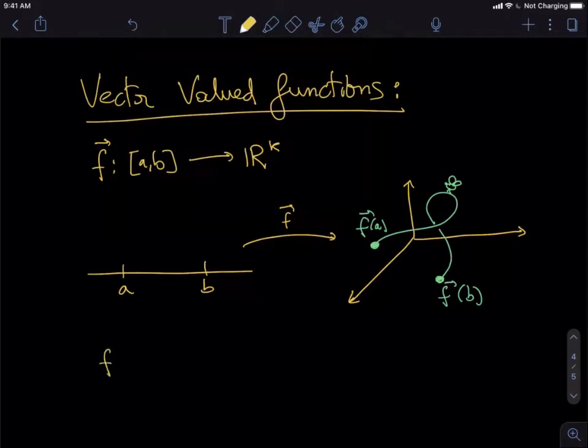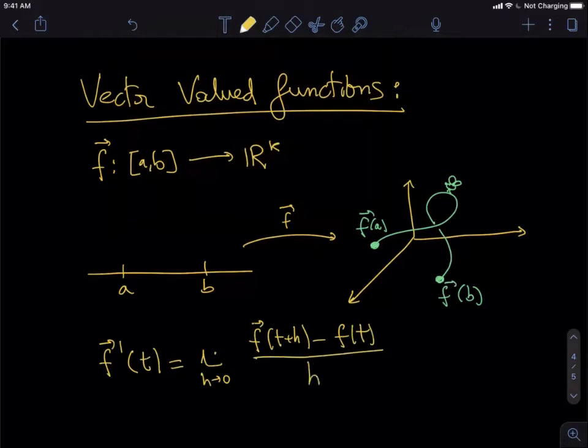The way it's defined is, as usual, the limit as h tends to 0 of (f(t+h) minus f(t)) divided by h.